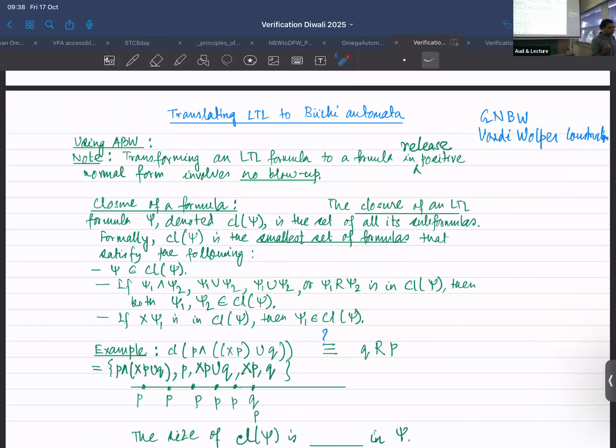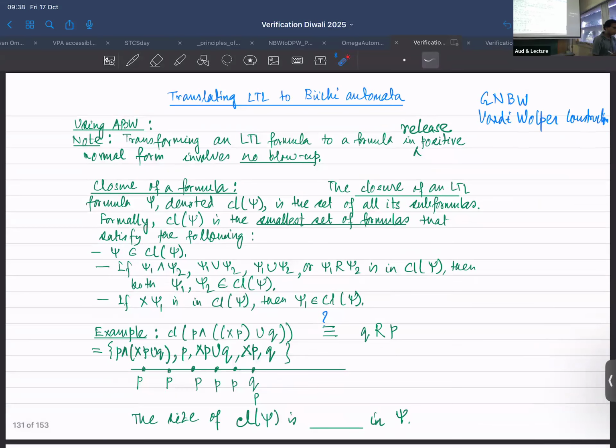One kind of automaton that we started looking at is the translation of LTL to an alternating Büchi word automaton. And we said that the size of the alternating Büchi word automaton is linear in the size of the formula. Why?